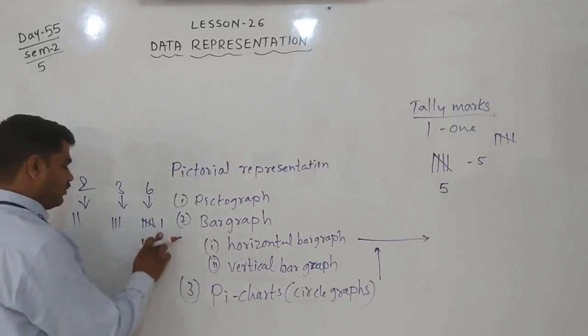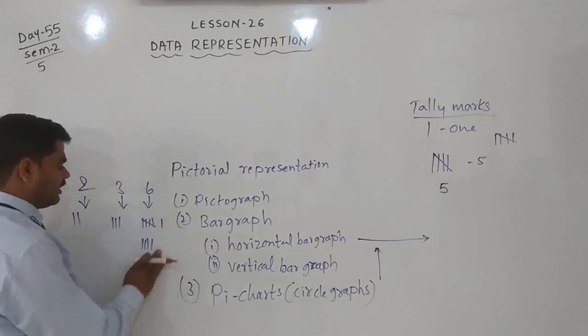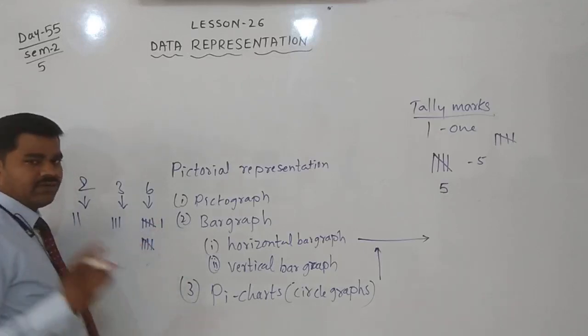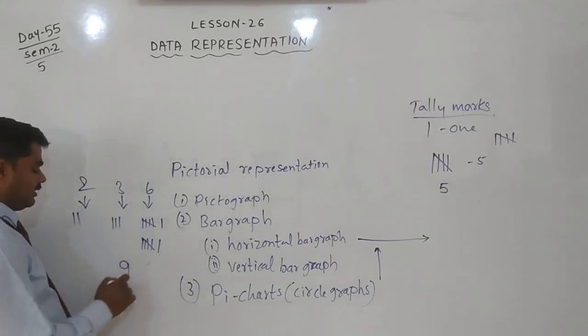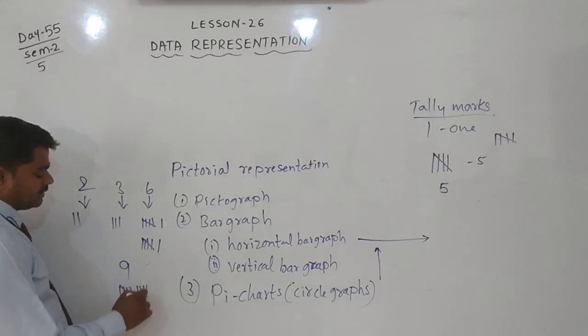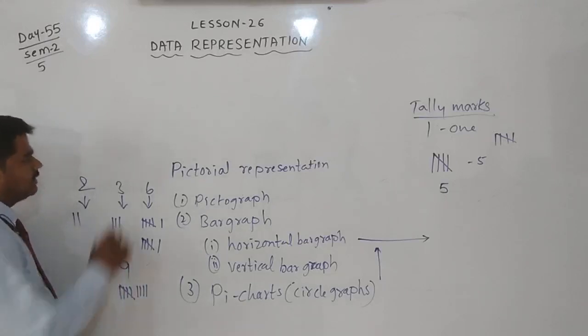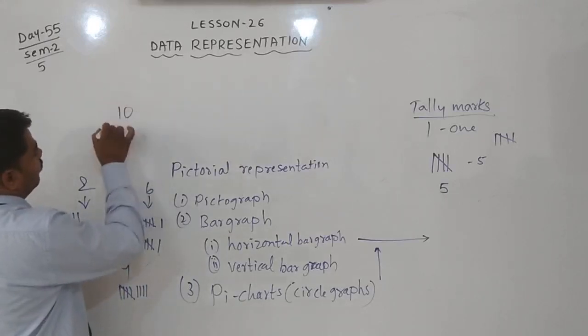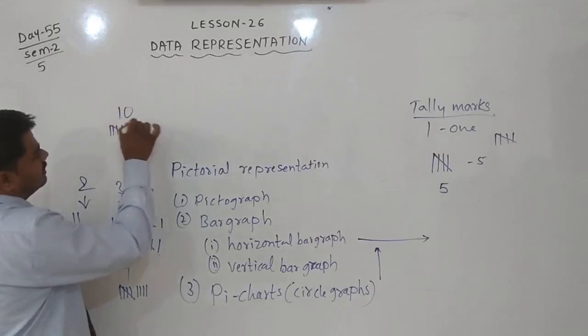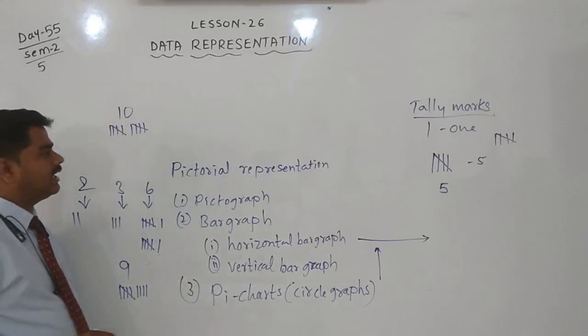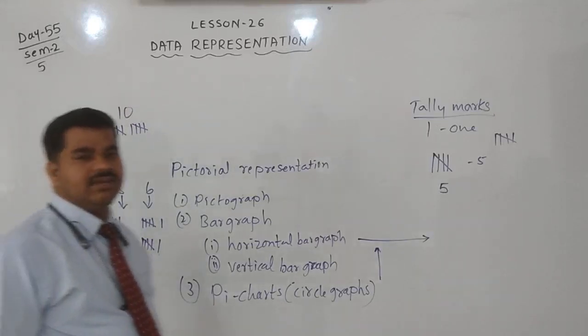It is wrong. First only 4 lines, after that the fifth. It is one group. Next, the 6th one. If 9 is given, 1 to 9. If 10 is given, 1 to 10. Like this we can represent tally marks.